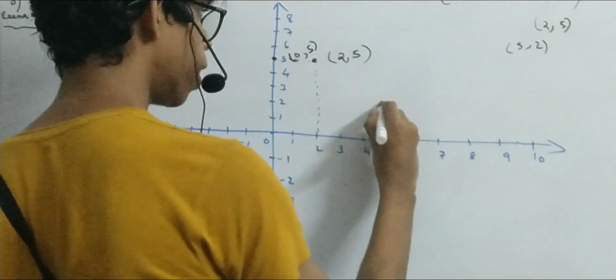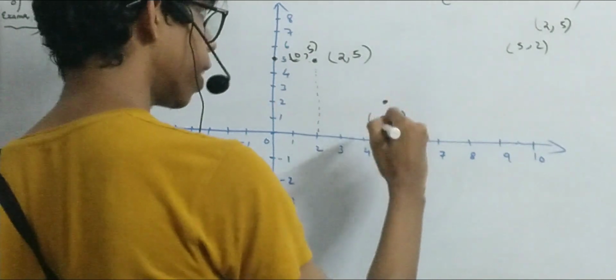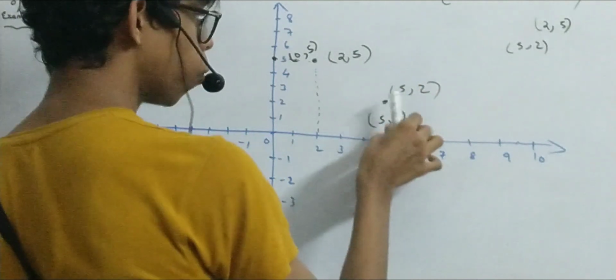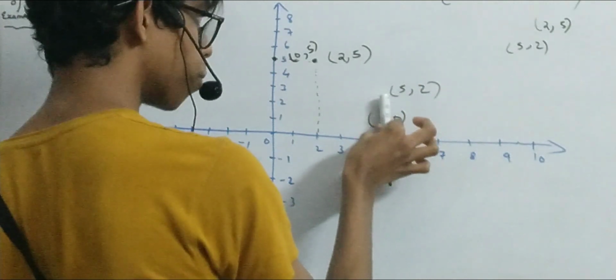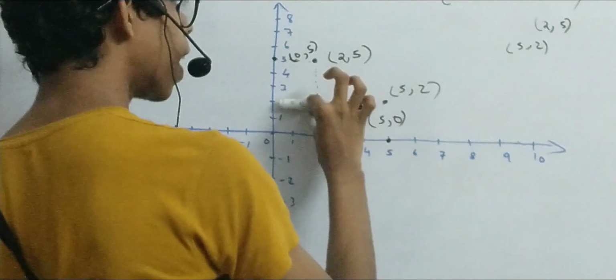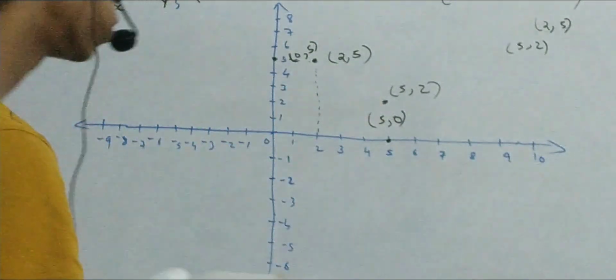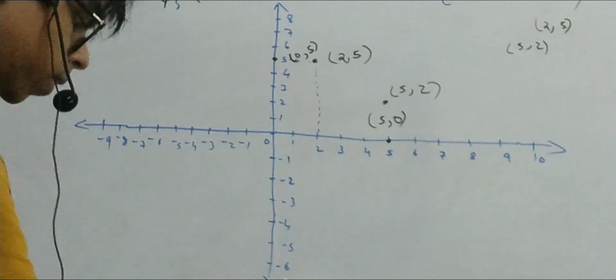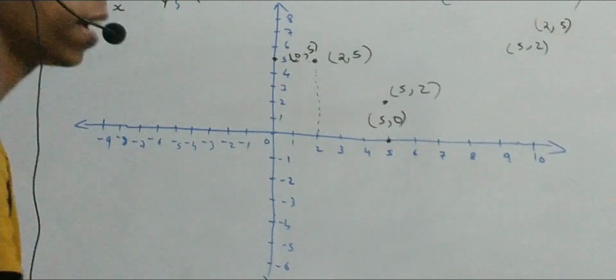So this point will definitely lie over here. So this point will be (5, 2). From the x-axis it is at 5, and from the y-axis it will be at 2. Okay, so this is the point which is (5, 2). Okay, I hope it is clear.